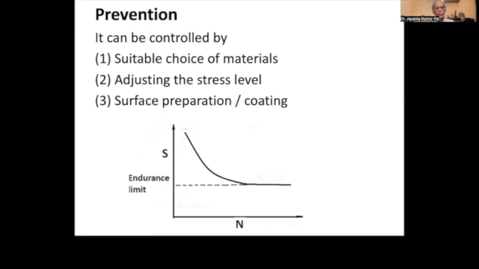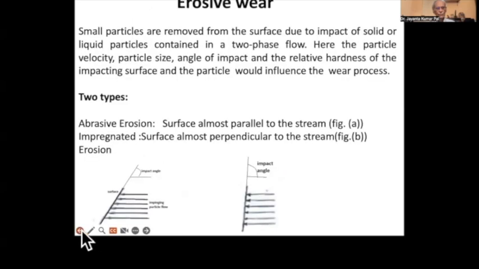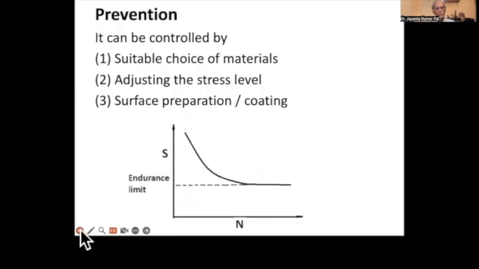So the only way to get rid of fatigue wear is to choose material in such a way that the endurance limit is low.